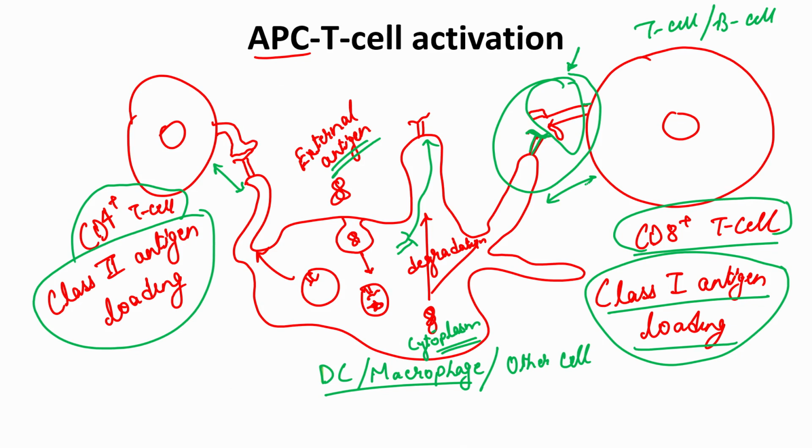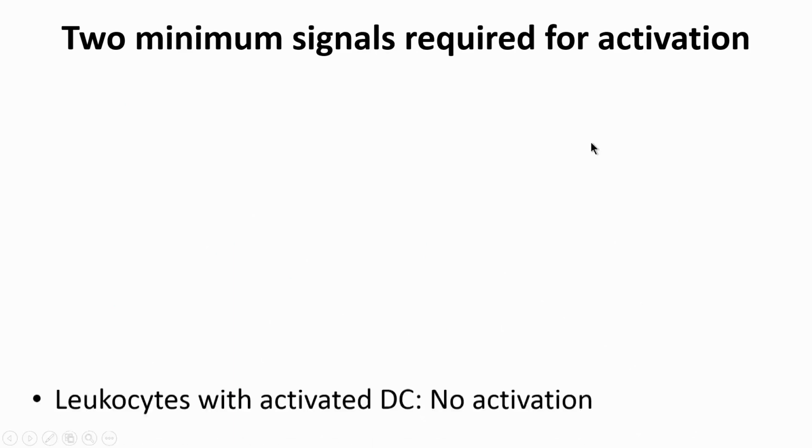So, it is extremely important that that should not happen, and it should only happen when this is a foreign antigen. To do that, the body has put in some checks and balances, and that is that there are a minimum of 2 signals required for activation. Just one signal will not be enough, so what are these 2 signals?